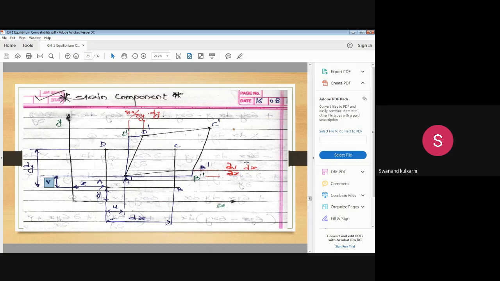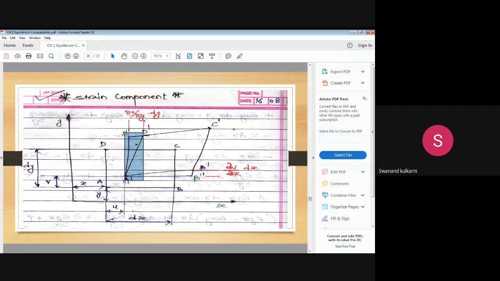Is it right? Suppose AB is the original size, which has been changed to A dash, B dash. So A dash, B dash is the final length and AB is the initial length. So the change in length will be A dash, B dash minus AB. Similarly, AD is the original length and A dash, D dash is the final length.